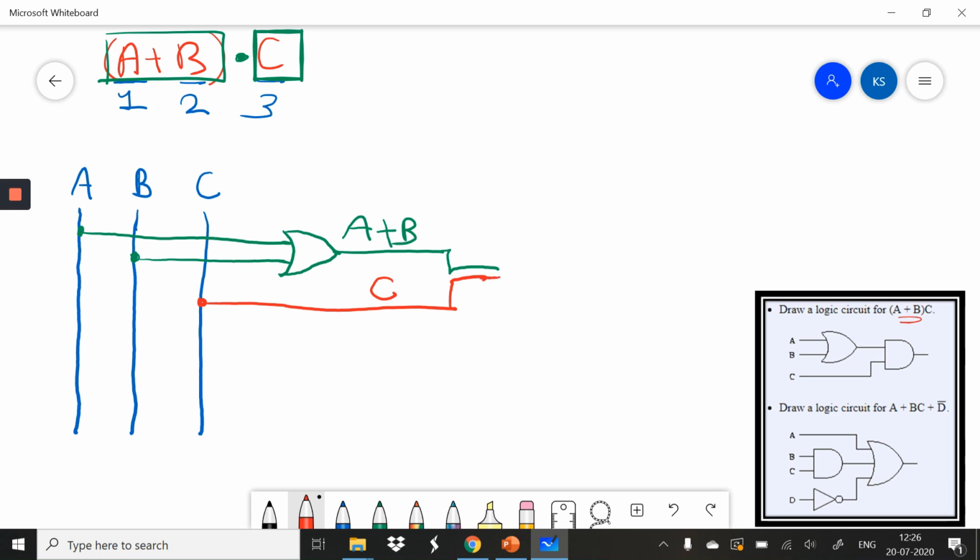Which gate do we draw here, because we have the dot operator? Dot means the AND gate, so just draw the AND gate, and at the end we get A plus B dot C. Simple. Clear? So this is how to draw the digital circuit from the given expression.